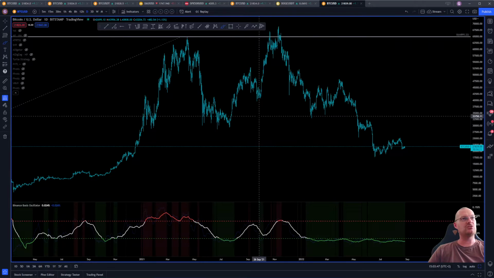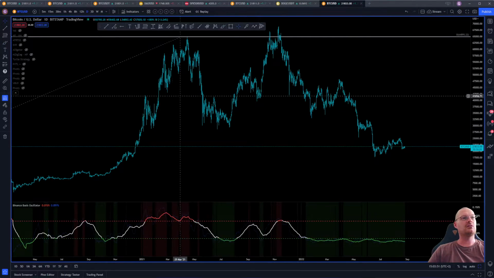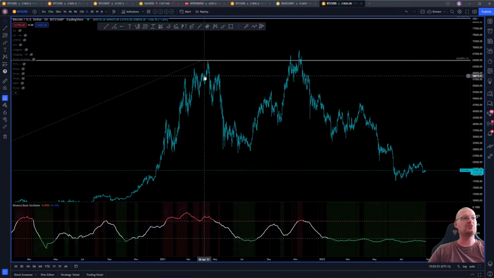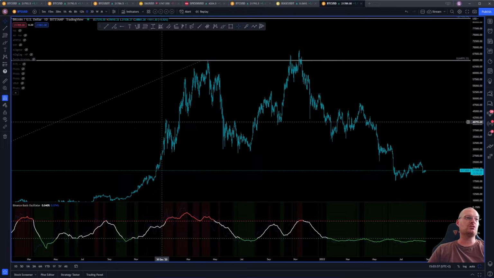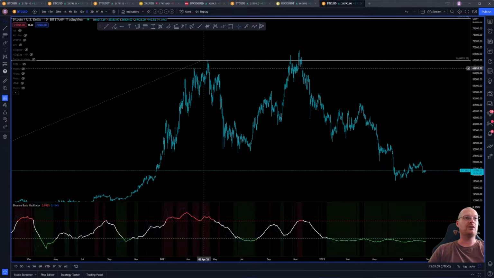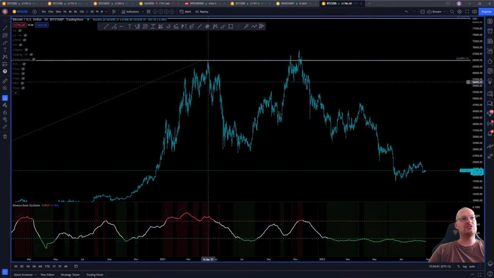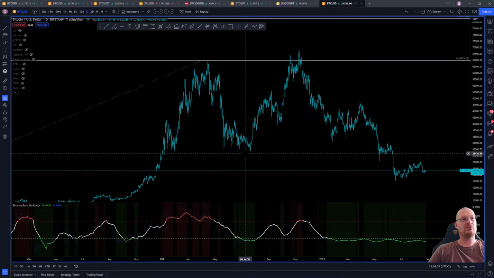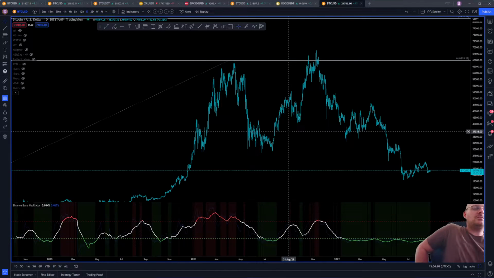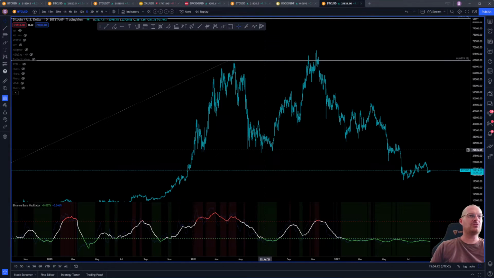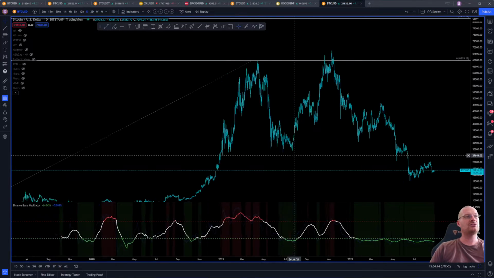At least it prevents you from buying near the tops if you do dollar cost averaging. So you would just wait and ride the whole wave up, slowly sell, price comes down, we turn green, you slowly start buying again, and then we come up. I think I will use this one as well in the future. This looks good.